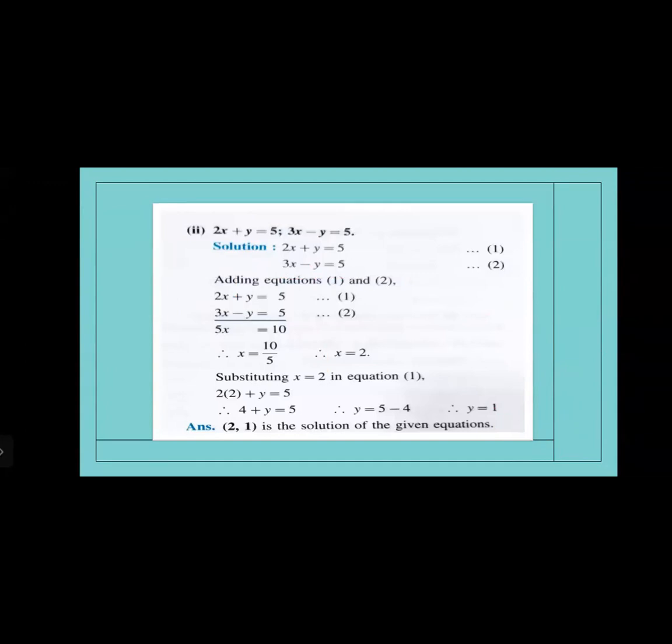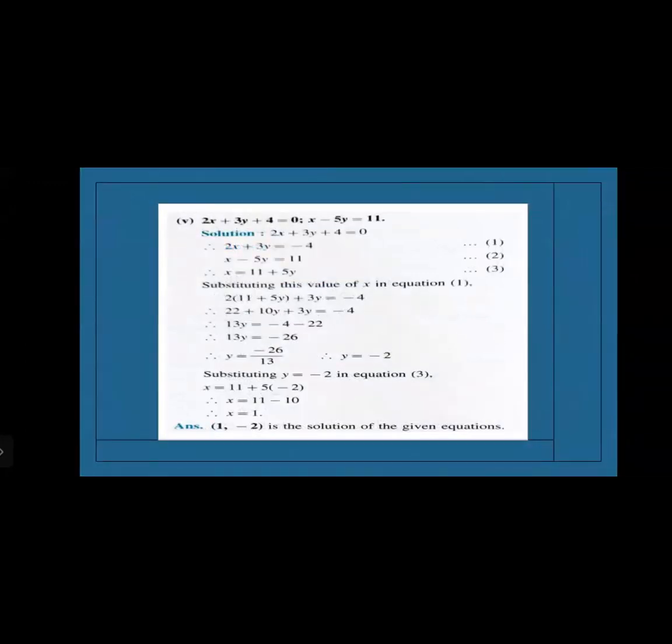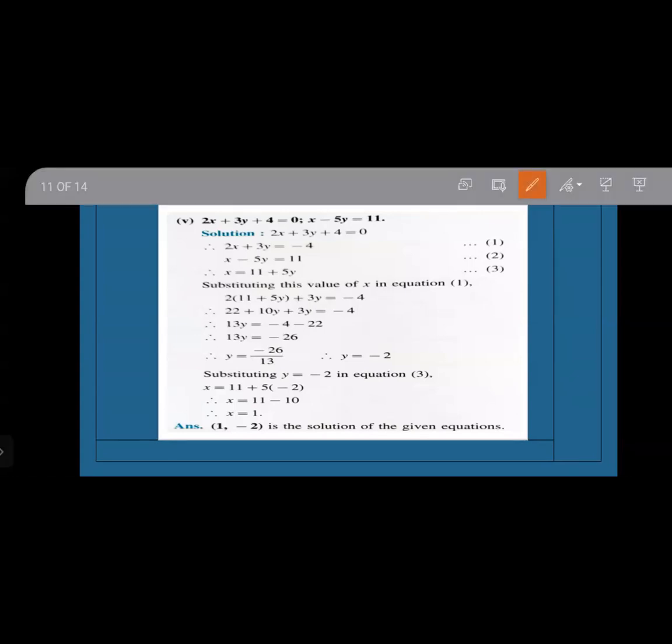Okay, let's see further. Now this example I have taken from your practice set itself, 5.1. 2x plus 3y plus 4 equals 0 and x minus 5y equals 11. Now if you see the first equation, 2x plus 3y plus 4 equals 0. The constant term you always want on the right hand side.